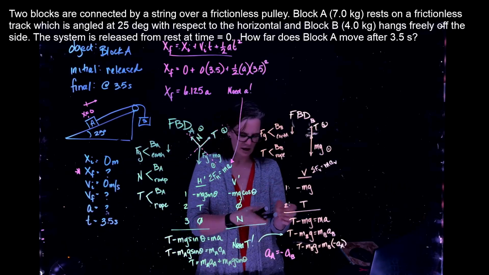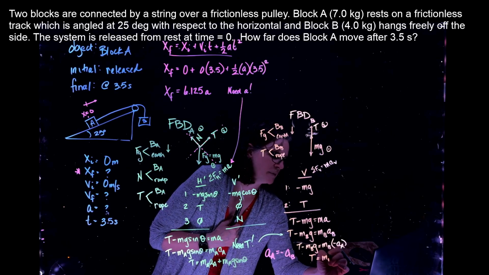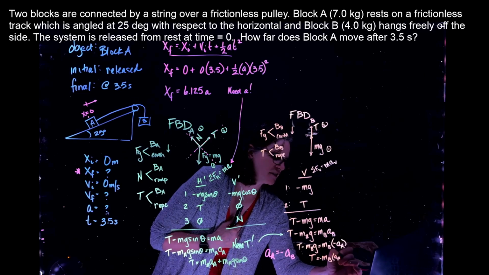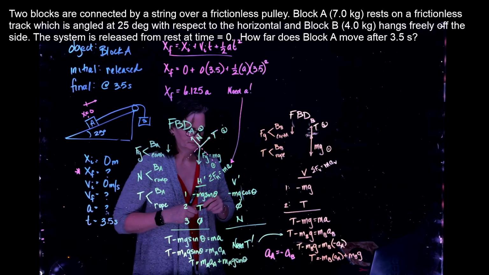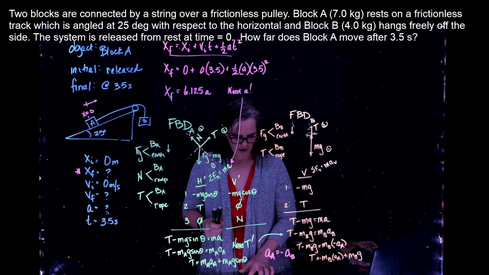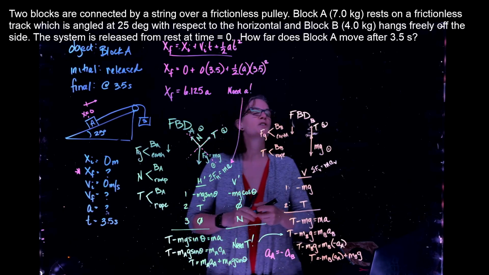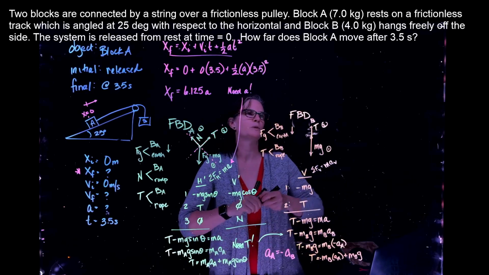And here I have T equals the mass of B negative times the acceleration of A plus the mass of B times g. Okay? All right. So now I have two equations with T in them. So I am going to set these two equal to each other.